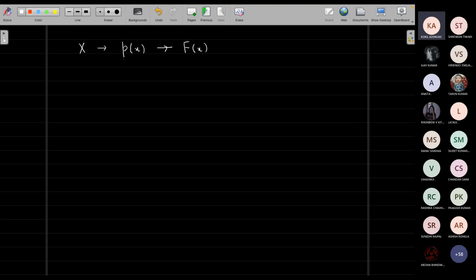Once the distribution is given to you, there are several things you can get out of it. The most important one is the expectation value of the random variable.